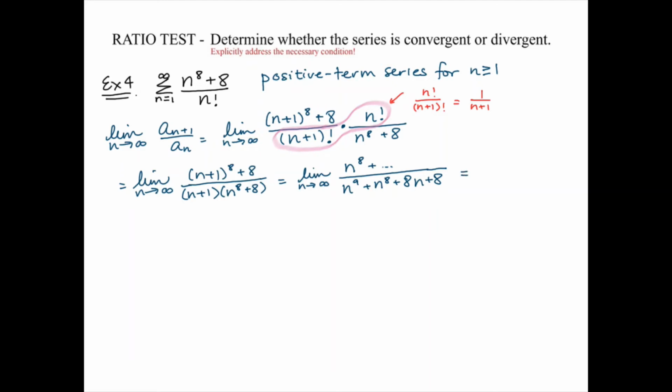Again, you would divide by the highest power of n in the denominator, which is n to the ninth. And so every term in the numerator would be some fraction with n in the denominator. Whereas in the denominator, I'm going to get 1 plus several terms with n in the denominator.